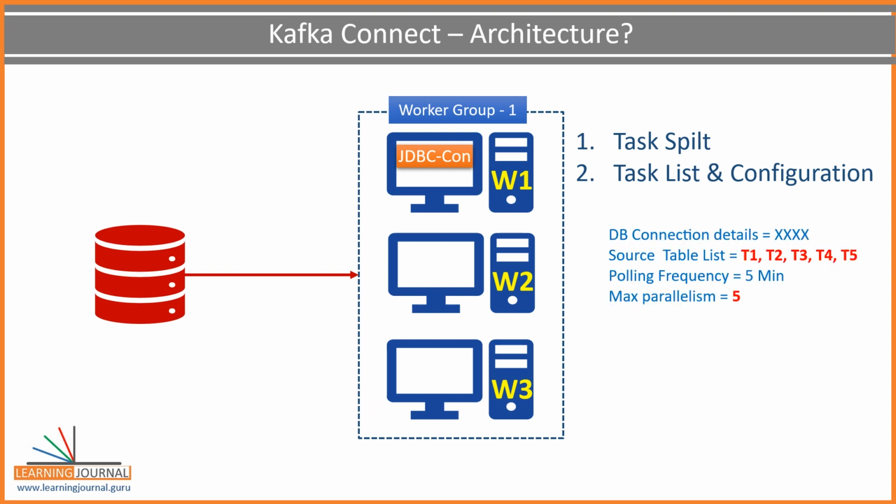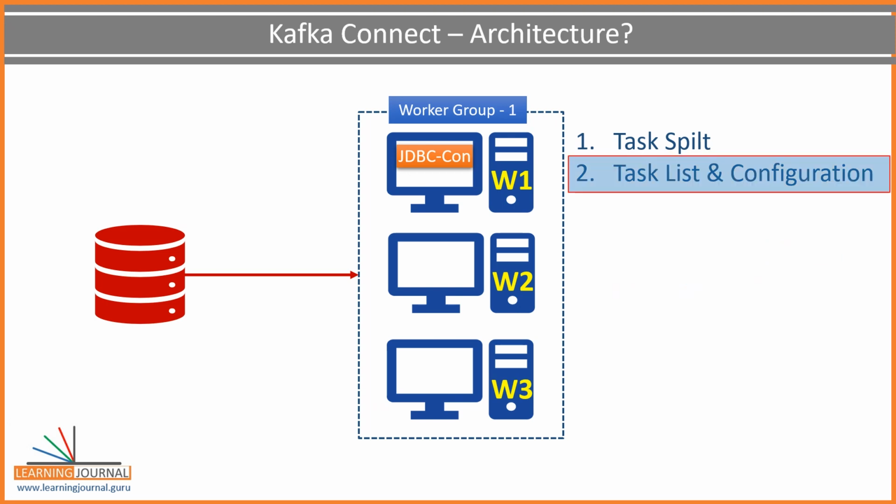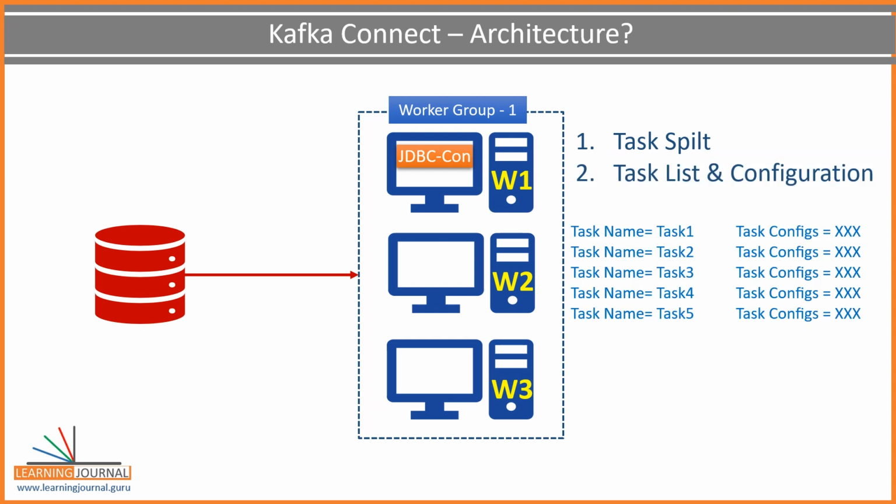Great. So the connector knows that it can start 5 parallel tasks and assign 1 table to each task of copying data from the source system. Remember, the connector is not going to copy the data. It is only responsible for defining and creating a task list. Each task will be configured to read data from an assigned list of tables.